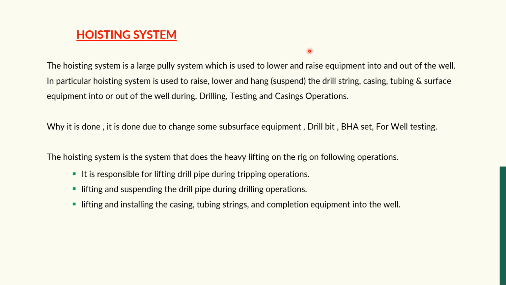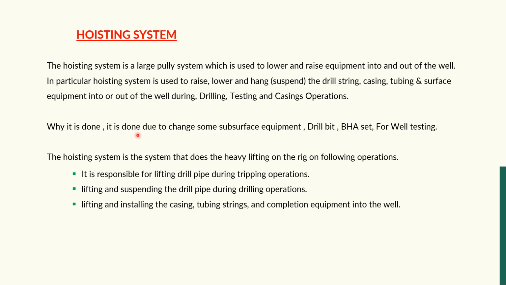In easy words, just listen carefully to my words: the hoisting system is nothing but the operation which involves raising, lowering and suspending or hanging the drill pipe, casing and other tubing into and out of the wellbore. So this was the easy definition.